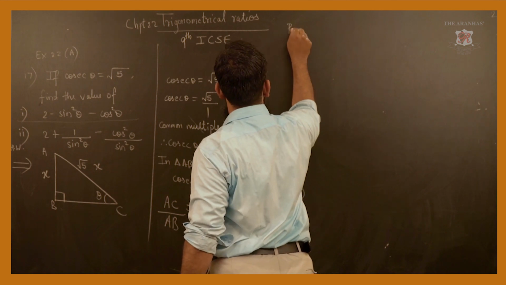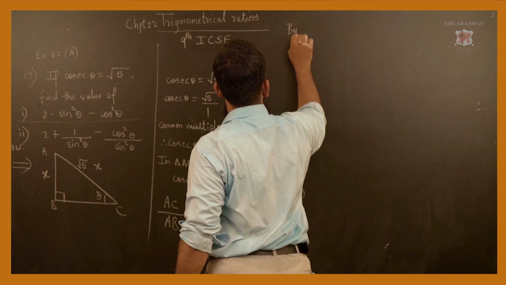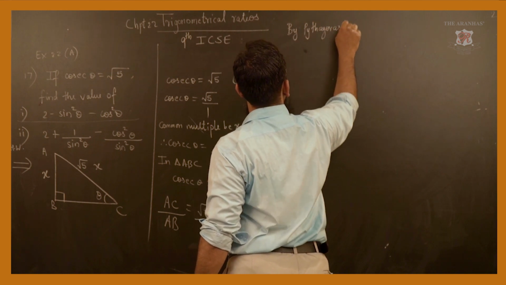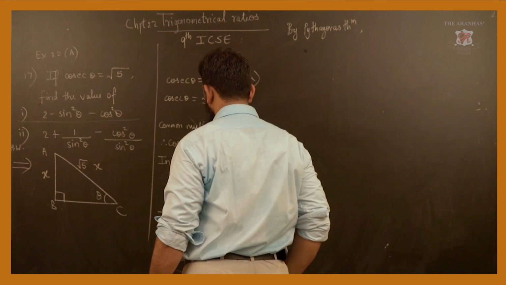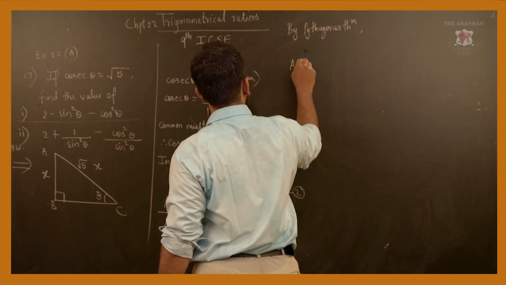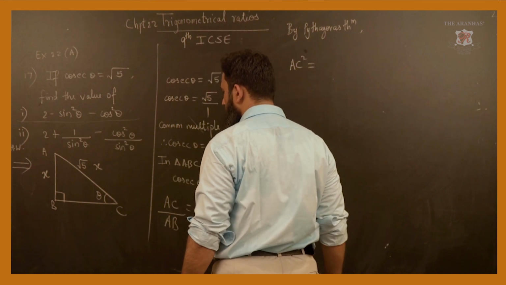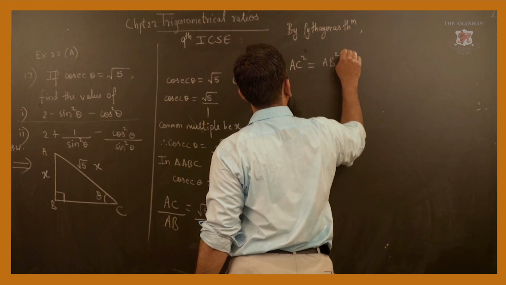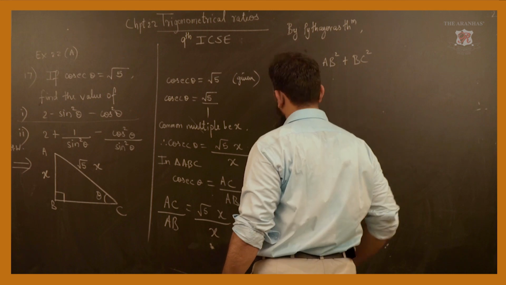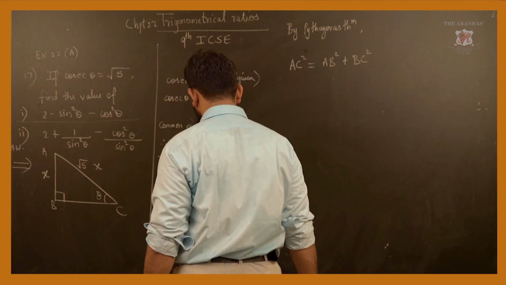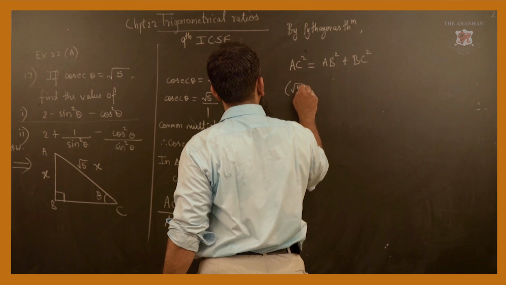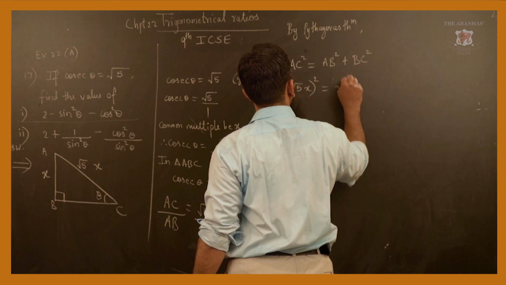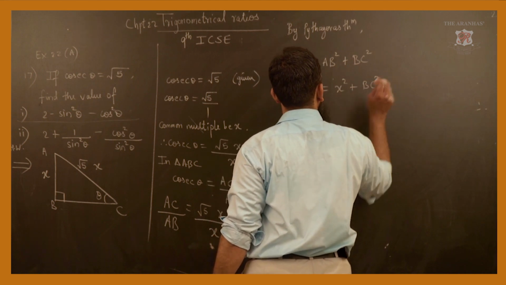You are aware of it, by Pythagoras theorem, AC square is equal to AB square plus BC square. AB is known to us, BC is not known.